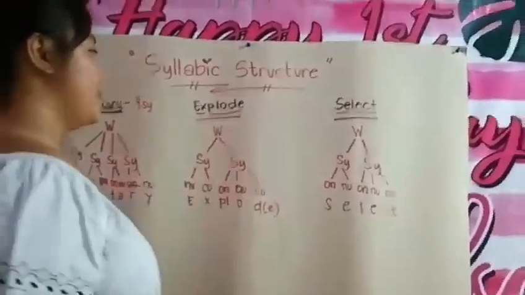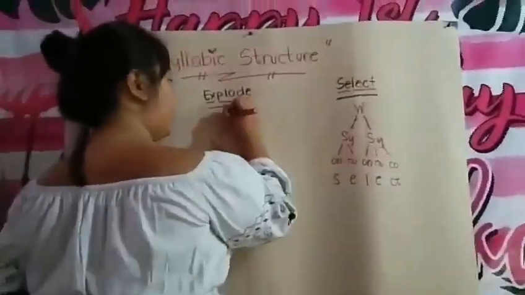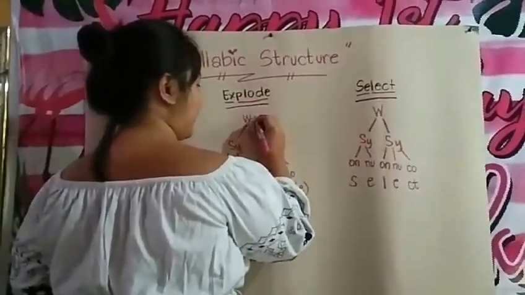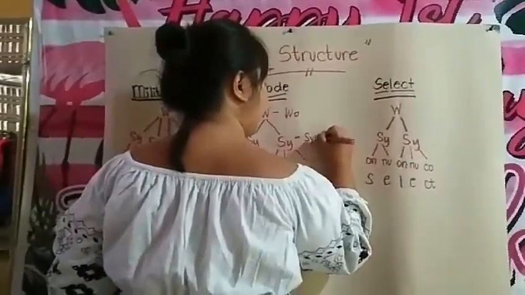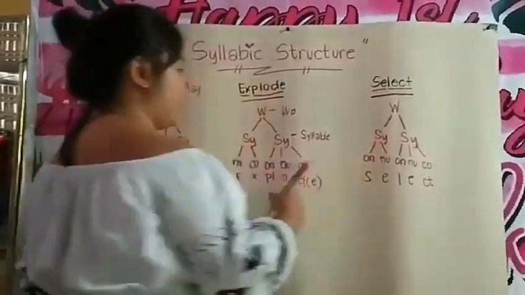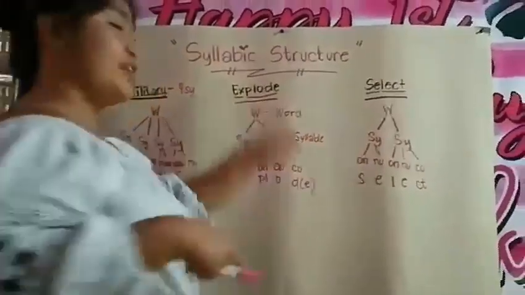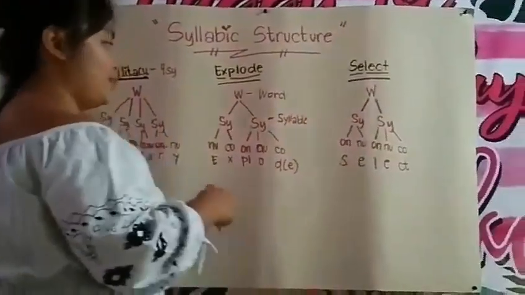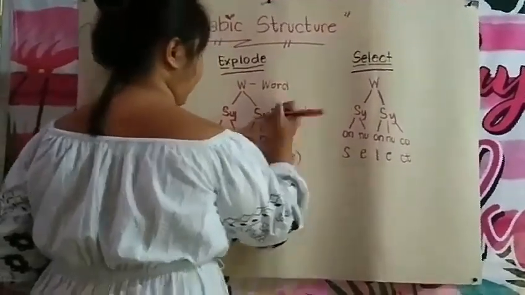So explode. Explode has two syllables. So again, you're going to put a W. This W is the word. SY is the syllable. In explode, there are two syllables, right? So you're going to put two SY in here and here.